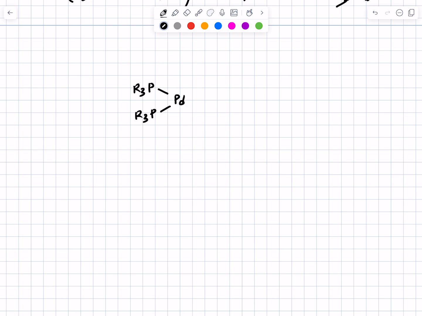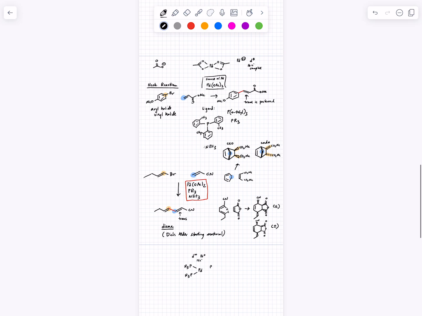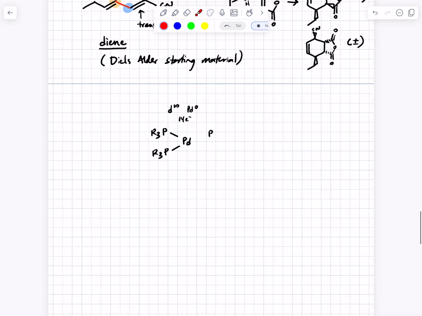So the first step of the Heck reaction is very similar to the first step of the Suzuki reaction. You've got a D10 metal that's in its 0 oxidation state with 14 electrons overall. Let's do the reaction we've already shown here.